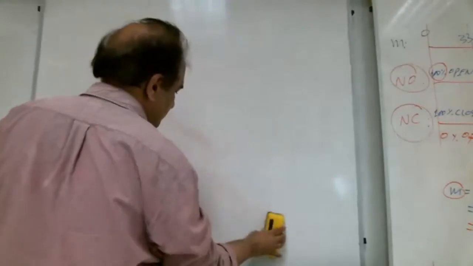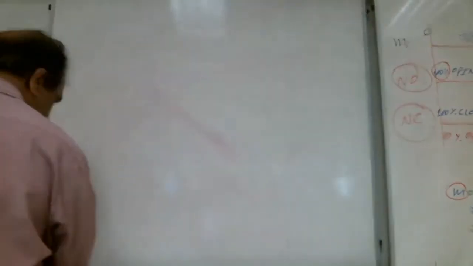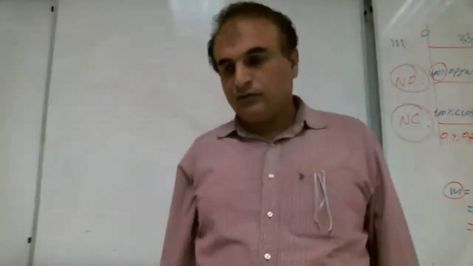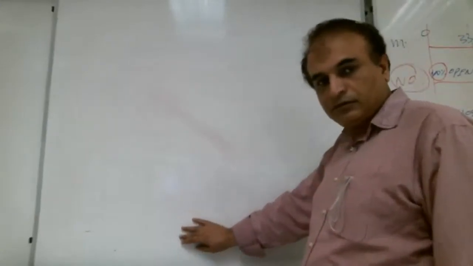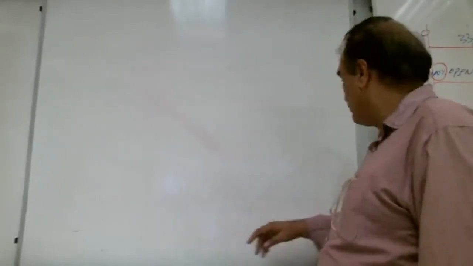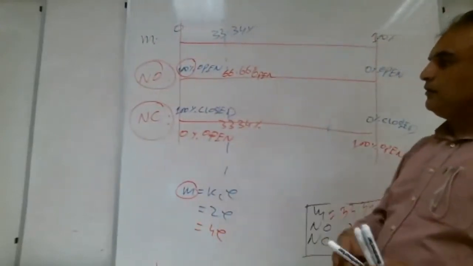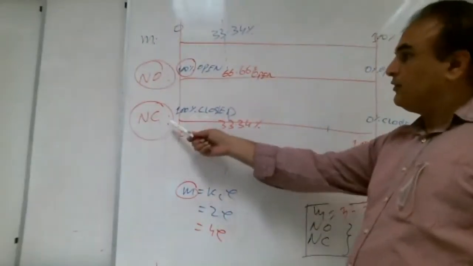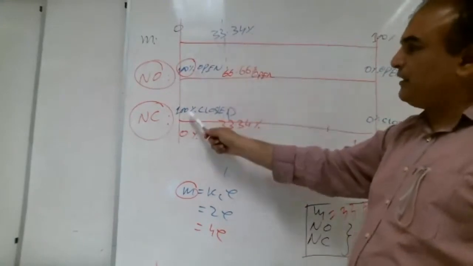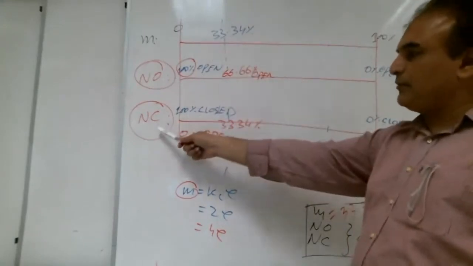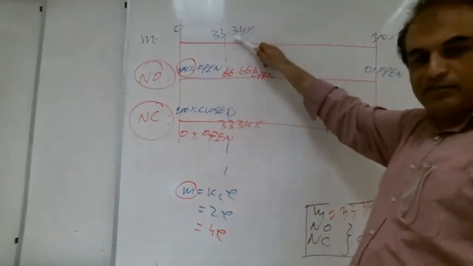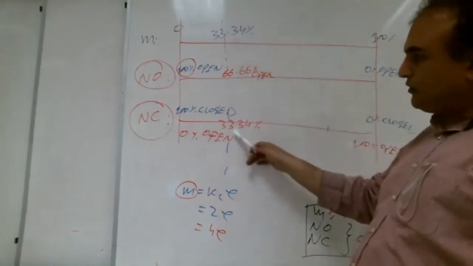Teacher, how much normally closed in the last question? See, without any signal, it is 100% closed. That's why we say normally closed. So signal is here, 33.34. So how much closed?